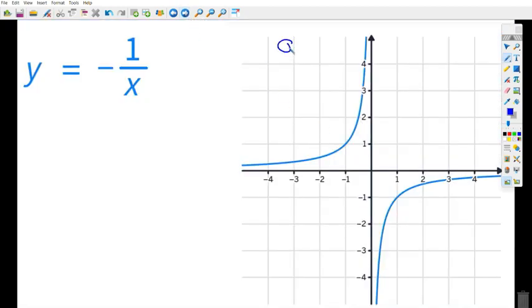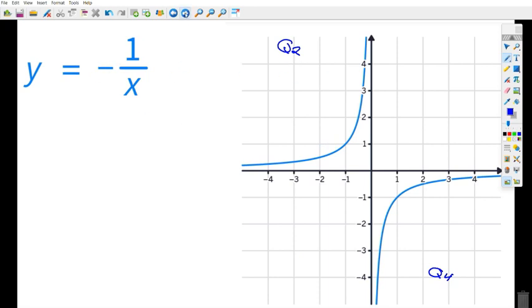Good, quadrant 2 and quadrant 4. Quadrant 1 we're going to flip down to quadrant 4, and whatever was in quadrant 3 is going to go up to quadrant 2. We're just going to reflect it on our x-axis, which is a better word mathematically. So there's my negative, and now I'm in quadrant 2 and 4.